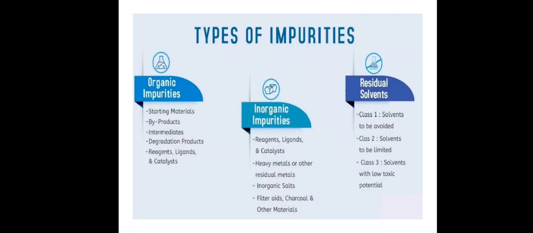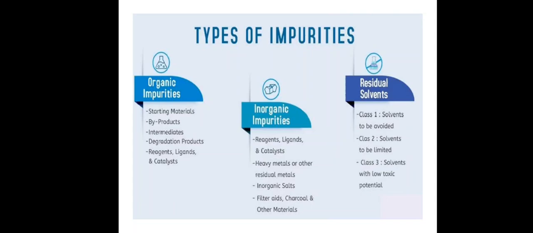This type of impurity occurs in almost every pharmaceutical substance, unless proper care is taken in every step during the synthesis of any drug product. Second is byproduct impurities, and third is degradation products.